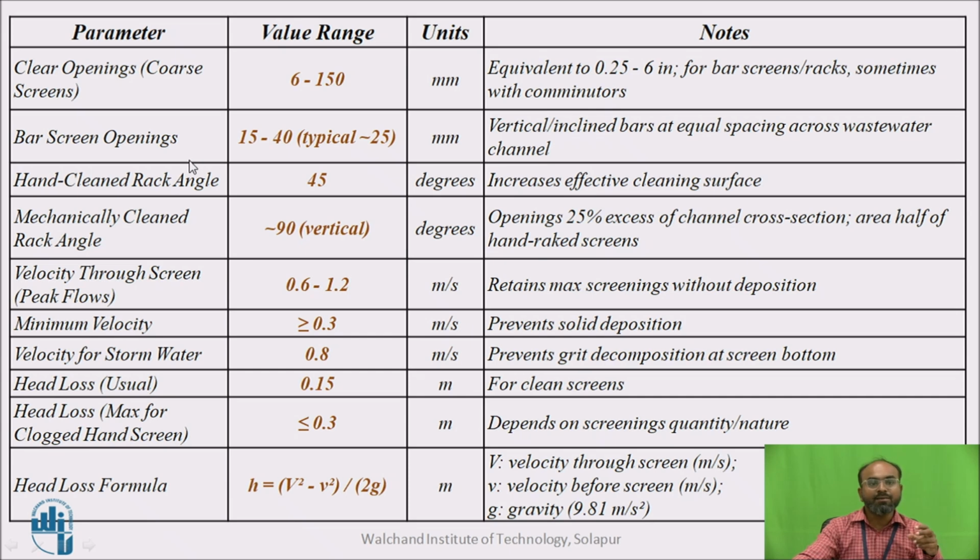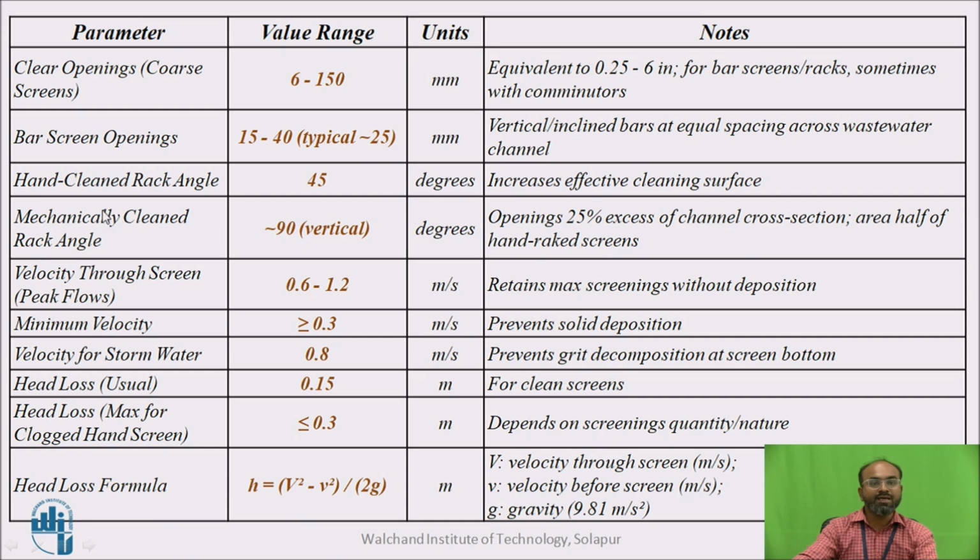Now, if I am going for bar screen openings, I have to look at the range of 15 to 40 mm. Typically, the value taken is 25. But we have to understand that as these bars are inclined with respect to the vertical, their spacings should be proper for the whole wastewater stream.